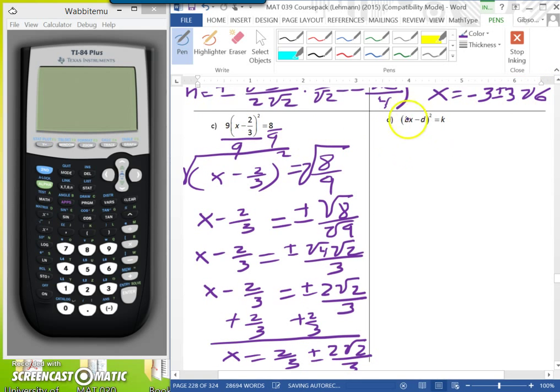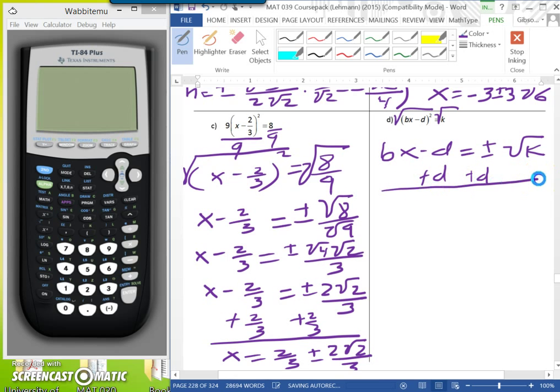Now we go here. Now if you notice here, we have no numbers. We have all variables. But we would do this the same. We would take the square root of both sides. So we would have bx minus d is equal to plus or minus the square root of k. Now we're trying to get x by itself. So we will add d to both sides. So we have bx is equal to d plus or minus the square root of k.